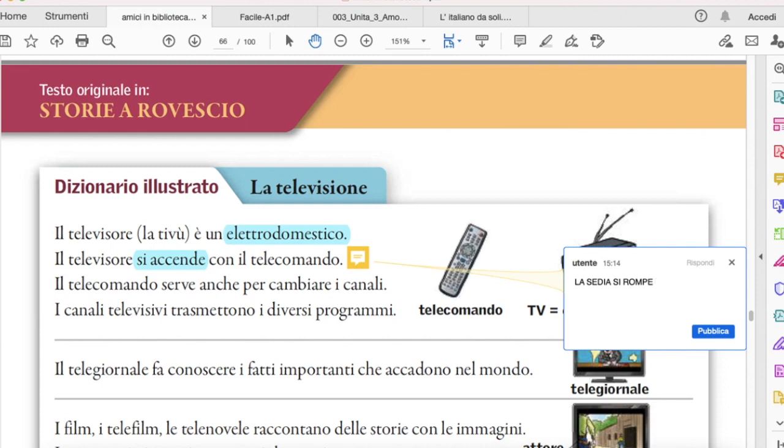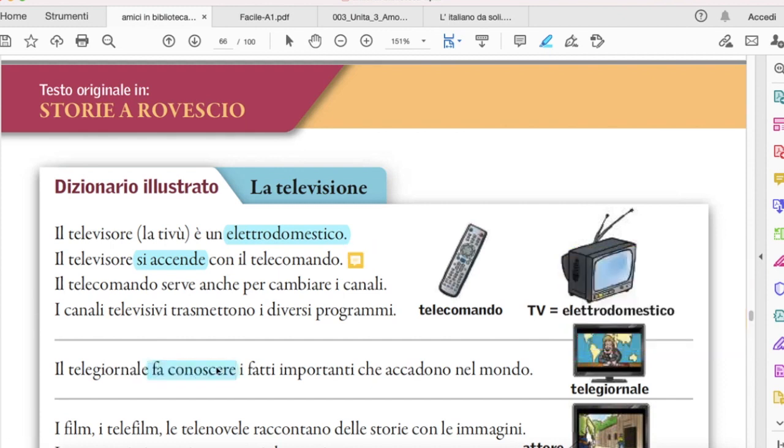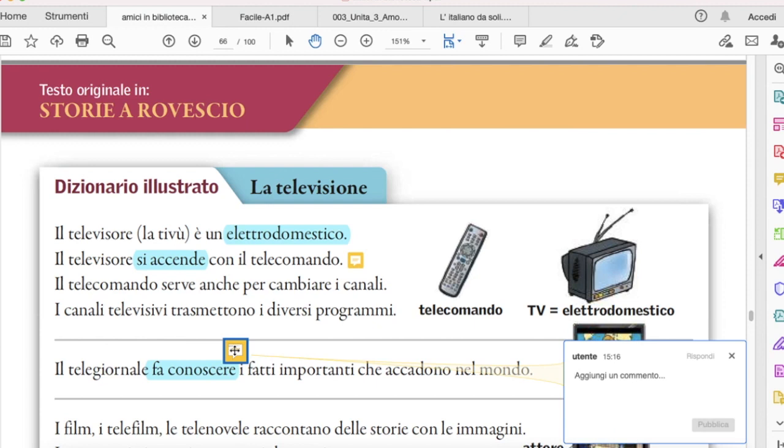So, il telegiornale fa conoscere, makes known. Here we have this fa plus conoscere, which is another interesting construction in Italian, because I could have a bunch of other different examples. So I could have fa conoscere, because in this case it's referred to lui, lei, to a third singular person.